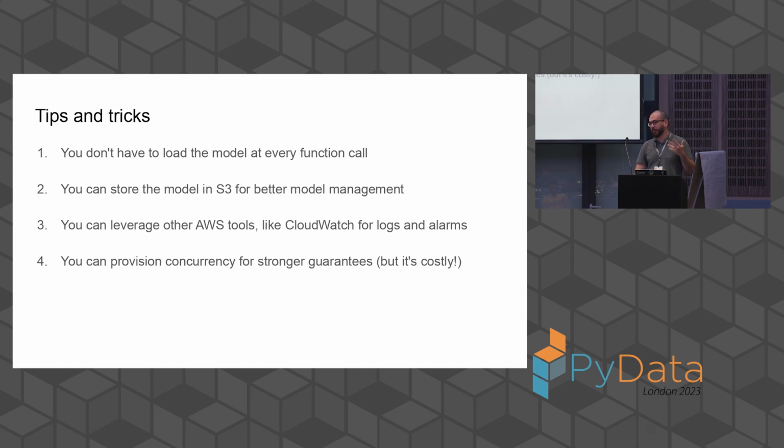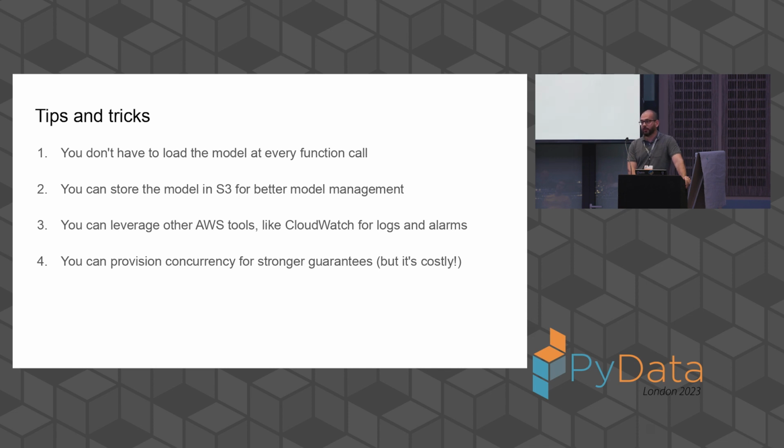This is actually the recommended way to cache things with Lambda. Just put them outside your function. You can store the model in S3 for better model management, like updating models, file history, and so on. You can leverage other AWS tools. You can use, for example, CloudFront for caching or your API Gateway. And you can provision concurrency for stronger latency guarantees, but that's going to become very costly.